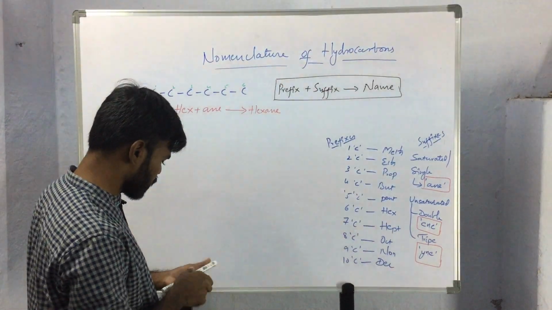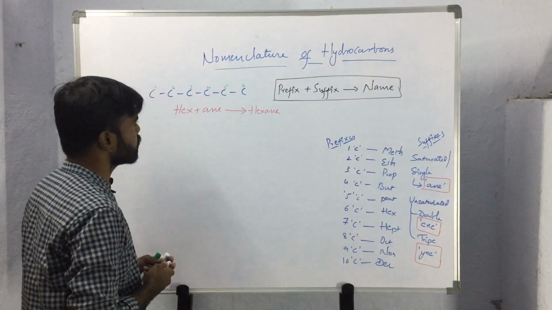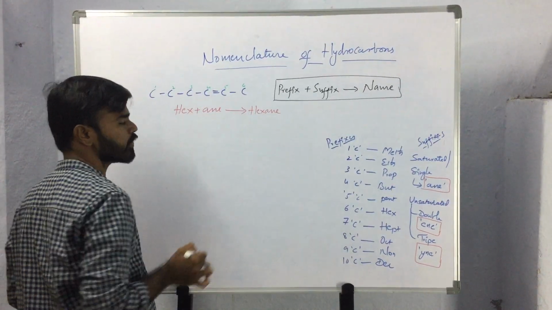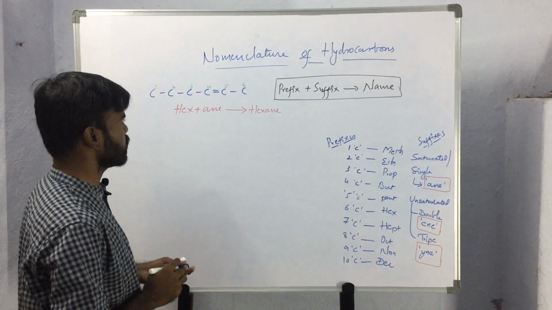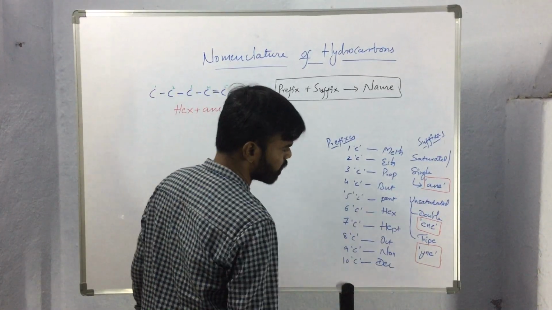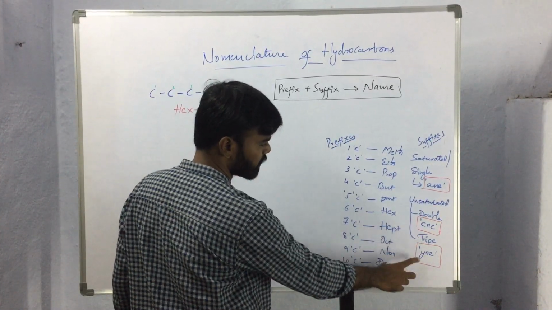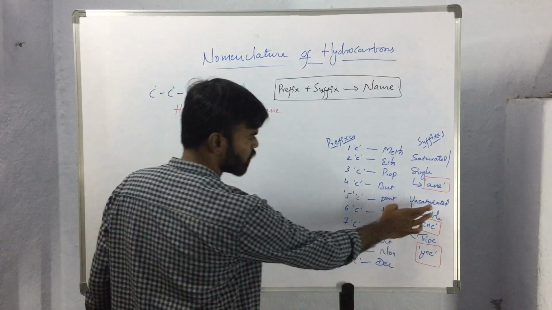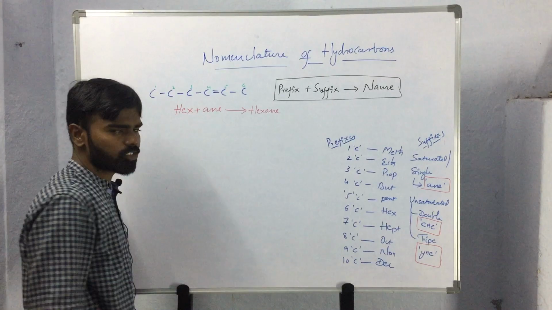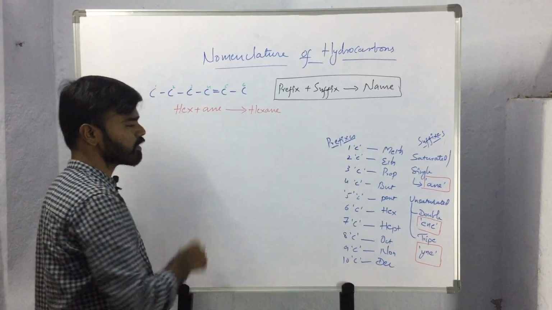Then let us consider the same compound having an unsaturated bond. For unsaturated bonds we have 2 suffixes, so we have to see whether it contains a double bond or a triple bond. What is the nature of this unsaturation?